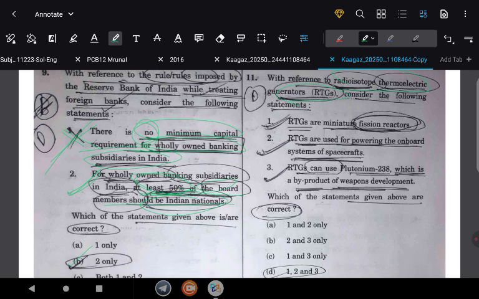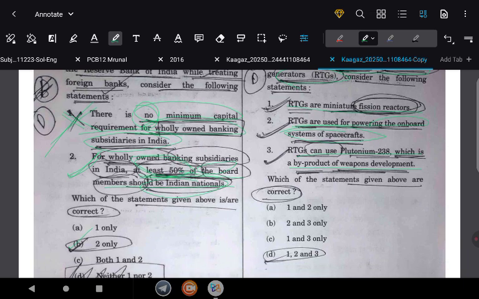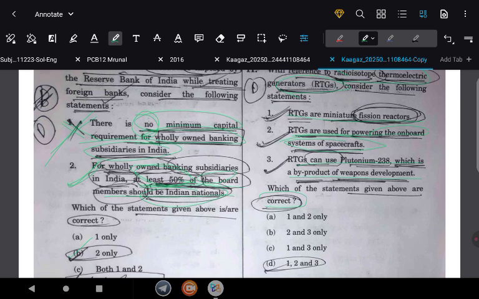Consider the following statements: RTGs are miniature fusion reactors. RTGs are used for powering on-board systems of spacecraft. RTGs can use plutonium-238, which is a byproduct of weapons development. As you can see, I had to mark at least two options right, because a minimum of two options had to be there.